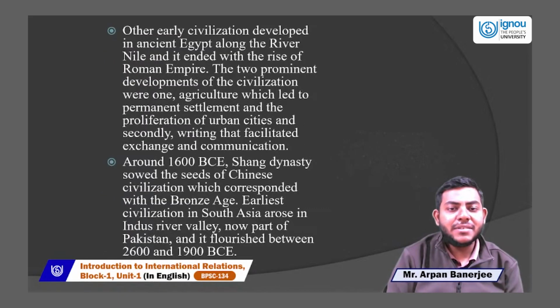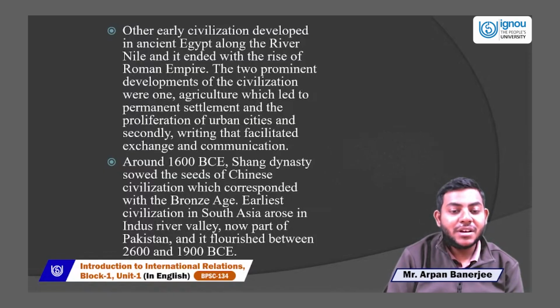Other early civilizations developed in ancient Egypt along the river Nile, and it ended with the rise of the Roman Empire. The two prominent developments of the civilization were first agriculture, which led to permanent settlement and the proliferation of urban cities, and secondly, writing that facilitated exchange and communication.